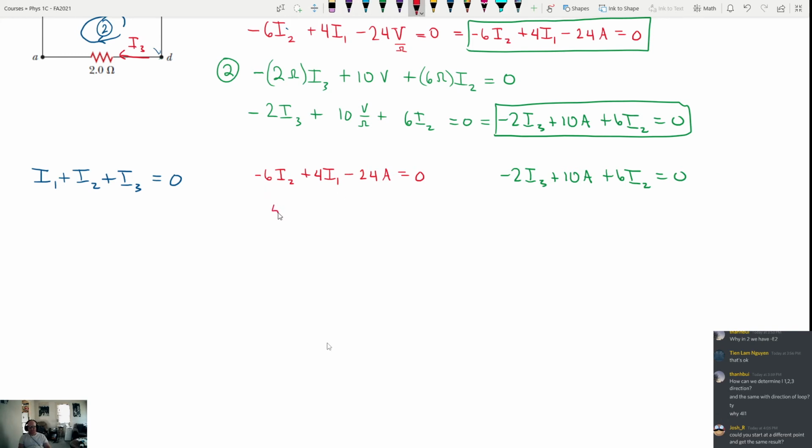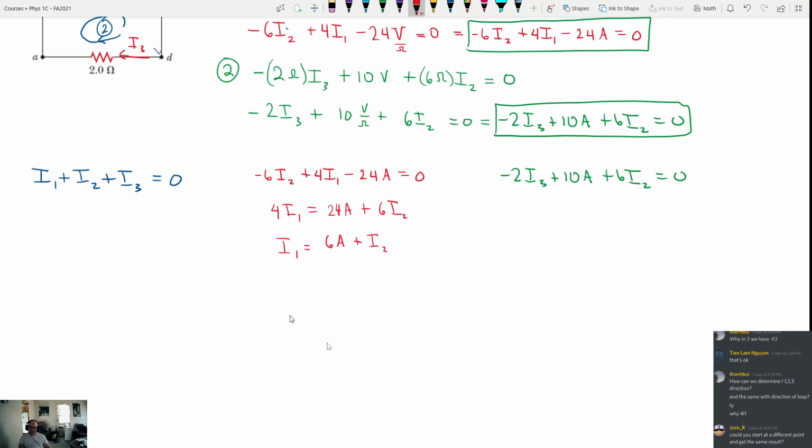let's see, 4I1 will be equal to 24 plus 6I2, so 24 amps plus 6I2. And then we can divide through by 4 to get that I1 is equal to 6 amps plus just I2 with no coefficient.